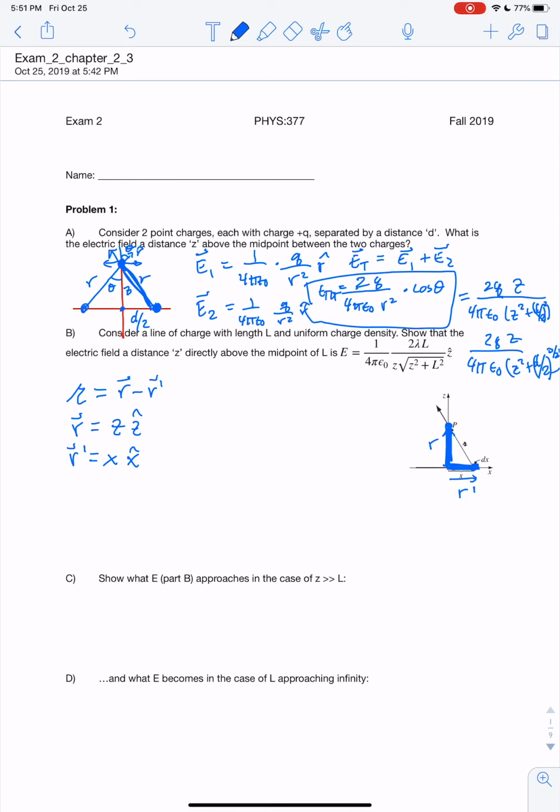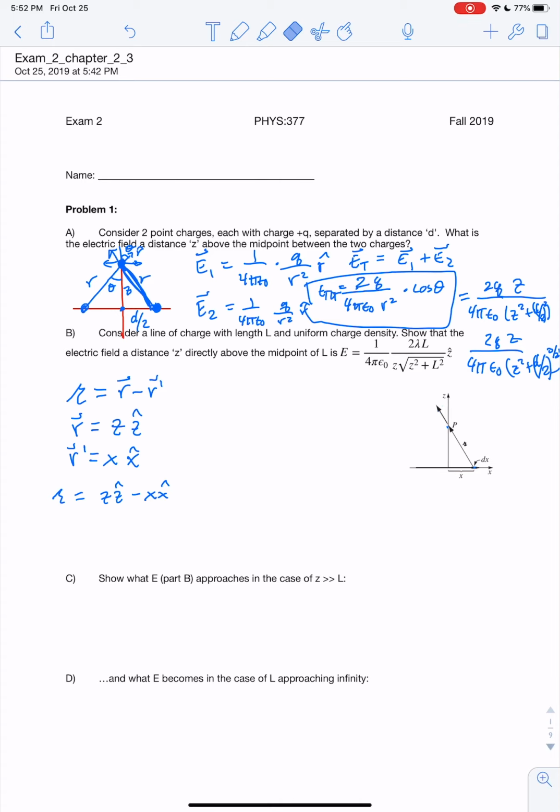And so then we can rewrite script r in terms of this, z hat minus x hat. So that is how you can rewrite what this separation vector is, because what we want to do is write this r in terms of our x and z coordinates, because as we sweep and integrate the electric field as we go through, we want to be able to have those things.